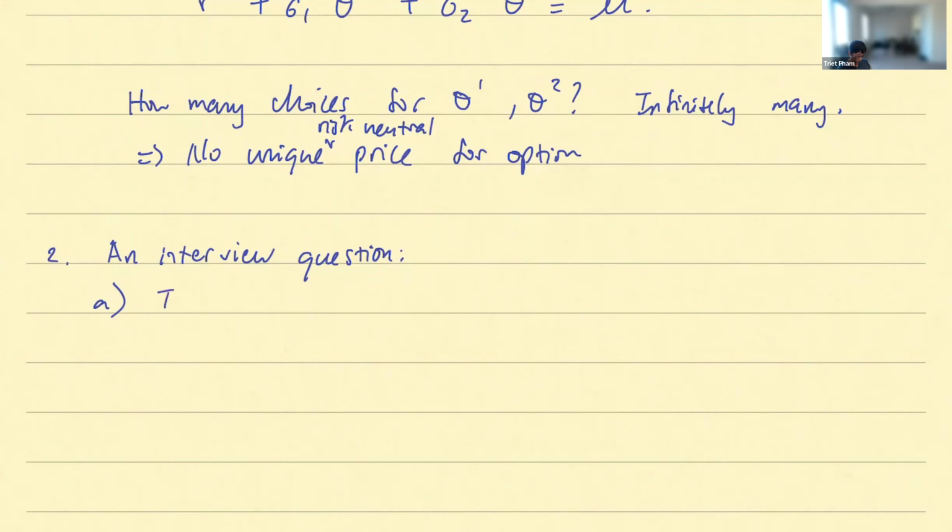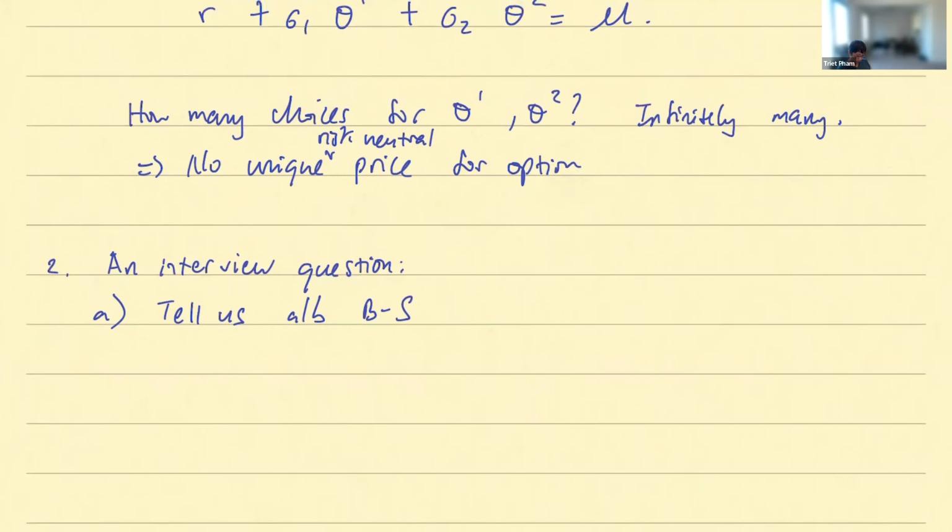First of all, they say, well, you go to math finance and that kind of thing, right? So tell us about Black-Scholes model and Black-Scholes formula, right? Which, by the way, if you fail here, probably you will have no chance.